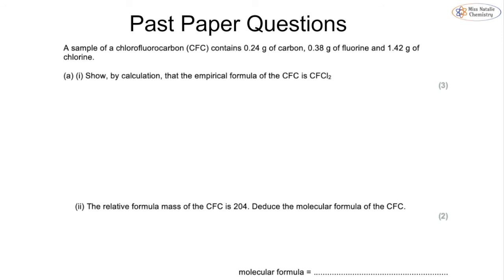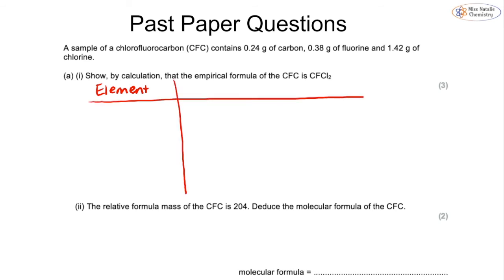So we now have a sample of a CFC, a chlorofluorocarbon, and it contains 0.24 grams of carbon, 0.38 grams of fluorine, and 1.42 grams of chlorine. We want to show by calculation that our empirical formula is CFCl2. So we're going to have our table in order to do this. So we have our element, and we're going to have 3 columns.